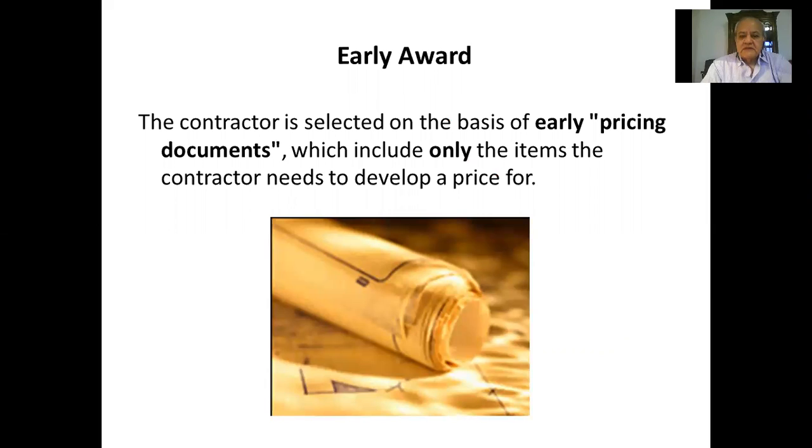So there is, as we said, a method that is rarely used called the early award, where you want to quickly select a contractor by giving them quick documents to allow them to make prices for the project. So you give them basic working drawings, basic bills of quantities, specifications, and they can put the prices on them.